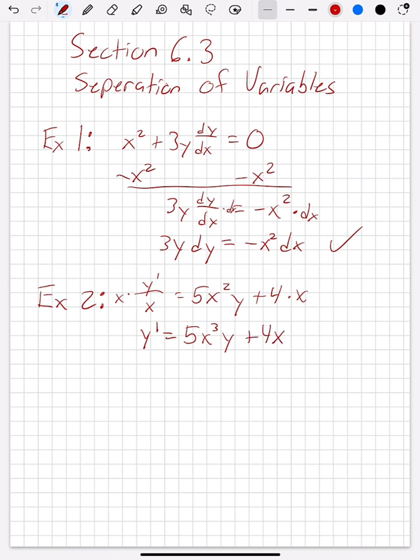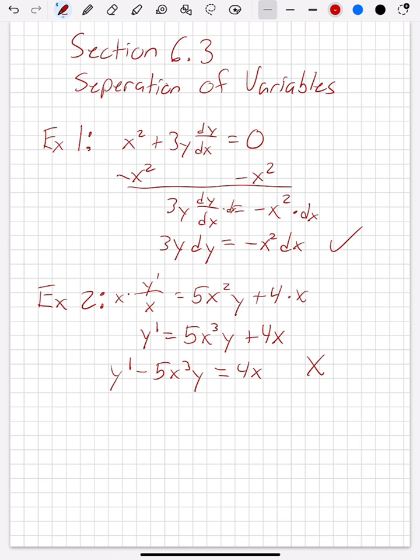I'm just going to do some stuff here and see if I can ever separate these. So let's subtract over. That gives me 4x there. There's nothing I can divide out. I can't divide by x. I can't get rid of my dy/dx, which is this y prime here. Because there's nothing that I could do to truly separate it, I would have to find another way to integrate that.